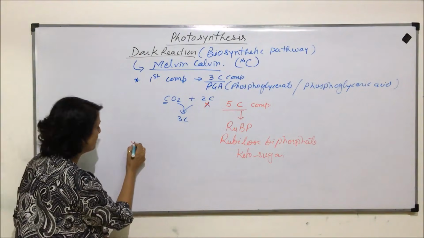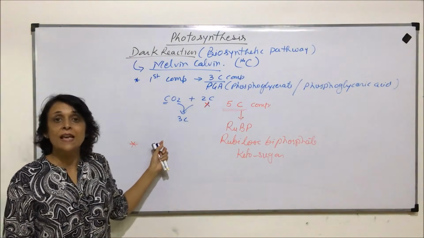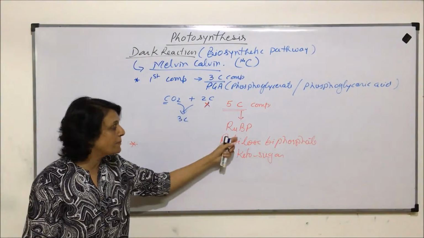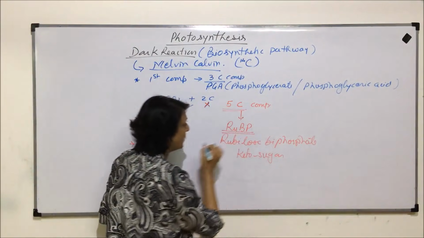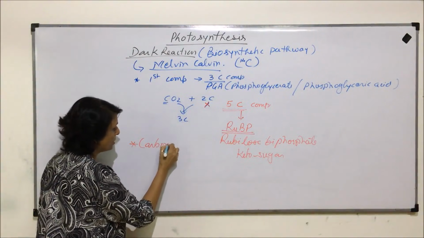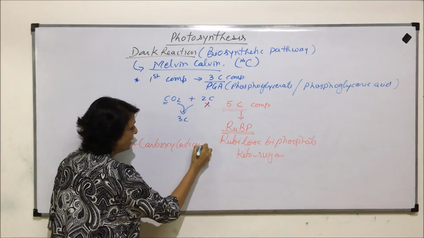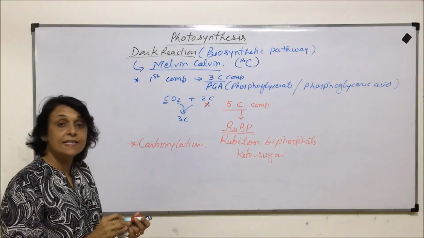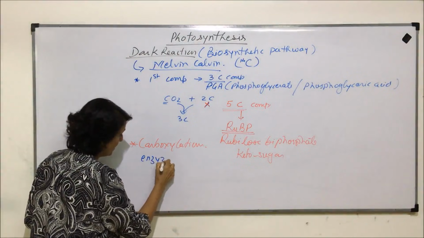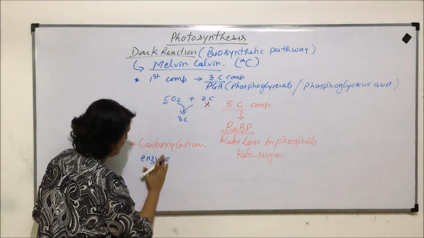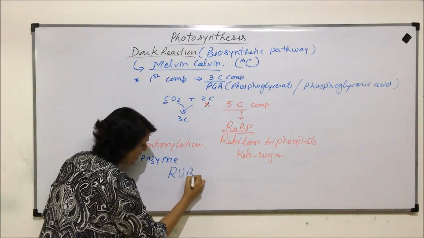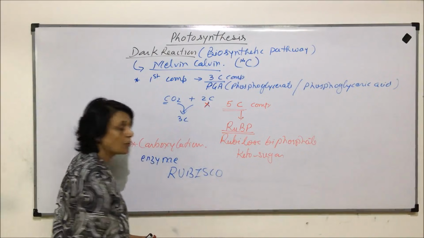Another very important thing which we must know in this process is that when carbon dioxide gets added or is accepted by this RUBP, then the process is known as carboxylation. And for this process, an enzyme helps. The name of the enzyme is Rubisco.